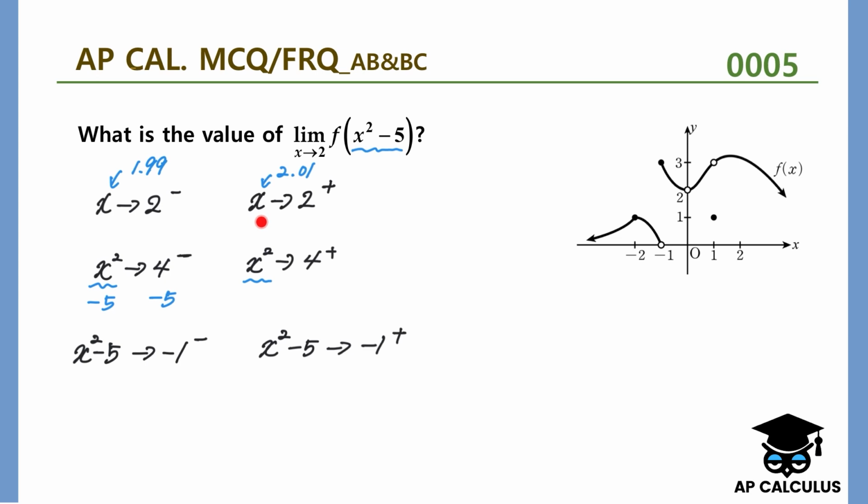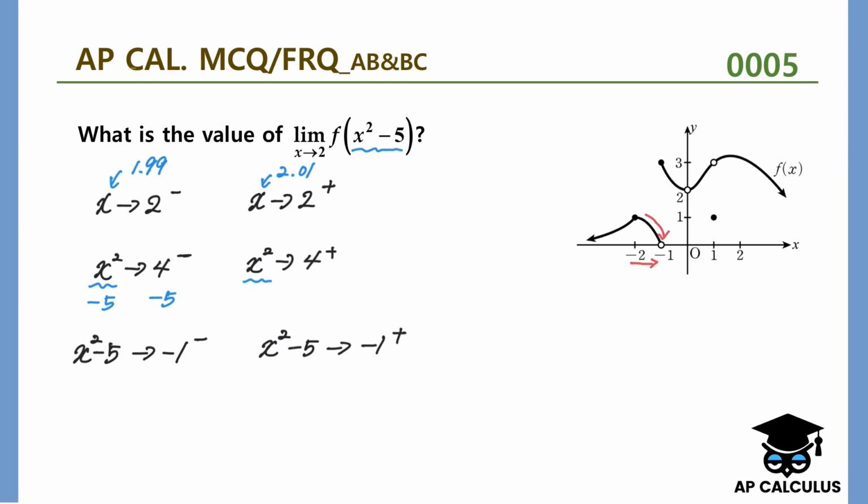As x approaches 2 from right hand side, x squared minus 5 approaches negative 1 from right hand side. So as x squared minus 5 approaches negative 1 from left hand side, the function approaches 0, right?